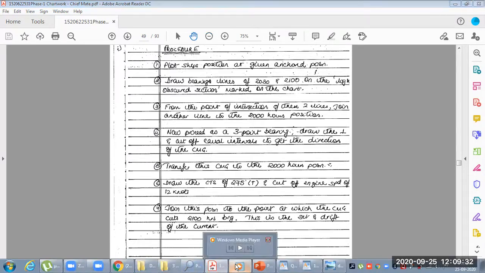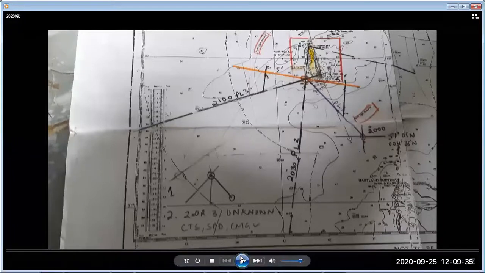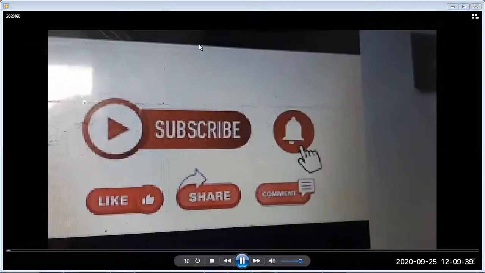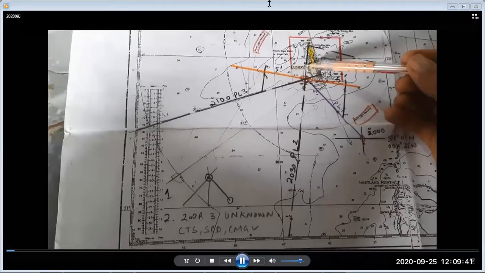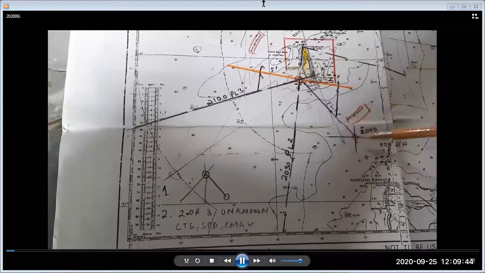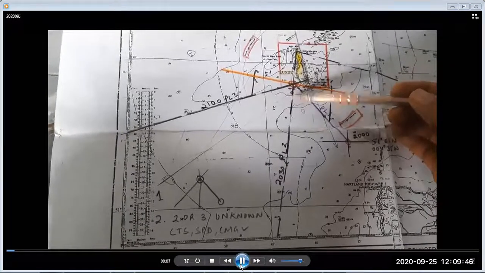So let's see this on our chart. And after getting the common intersection point, we draw a line perpendicular to it.